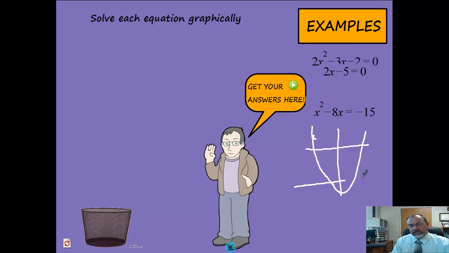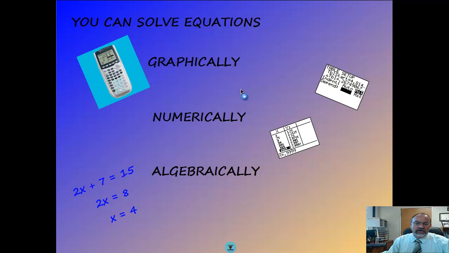That's going to be a horizontal line at negative 15. And because you're looking for this graph being equal to this graph, you're looking for where they intersect. So you're going to have two answers, one here where they intersect and one here where they intersect. So you would have to do the intersection function twice, one to find out this intersection and one to find out this intersection. And again, we can review that in class if you have questions. So that's what solving an equation is graphically.